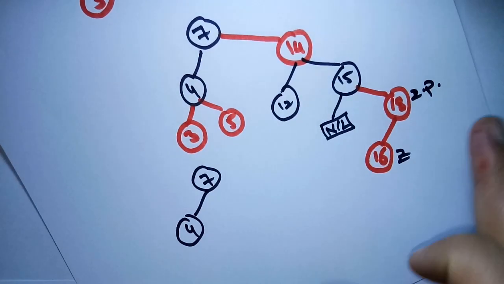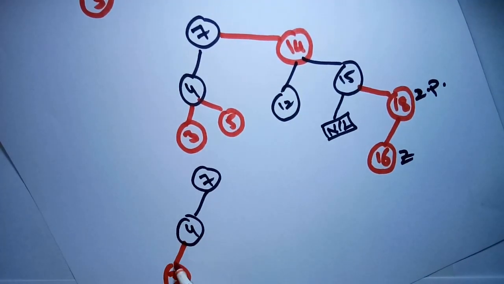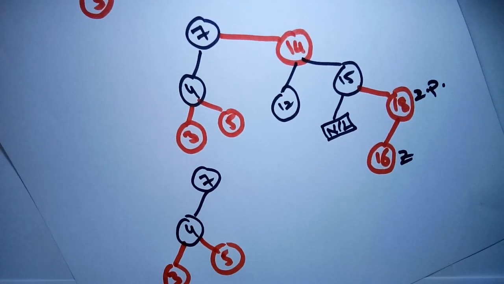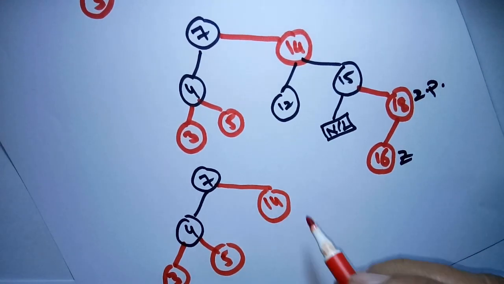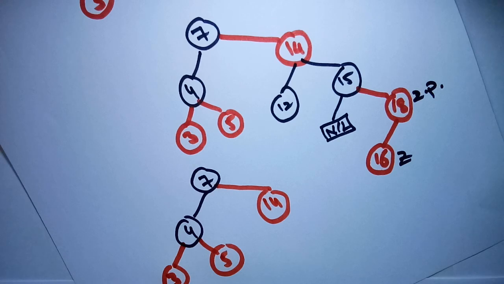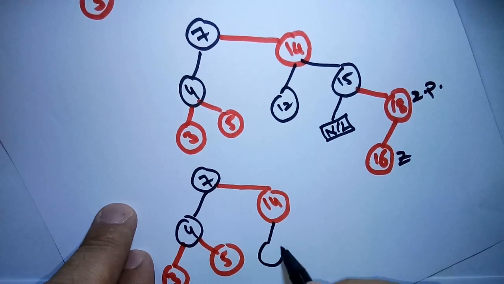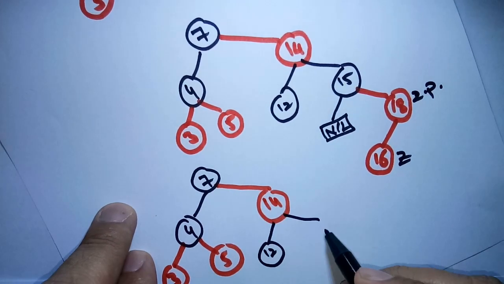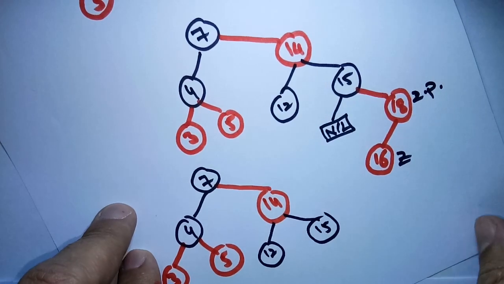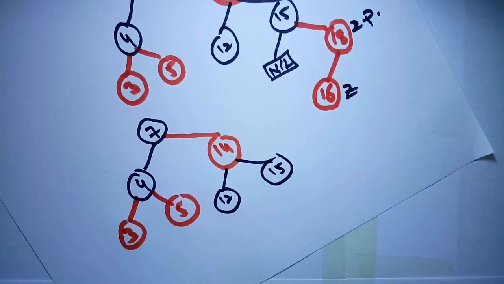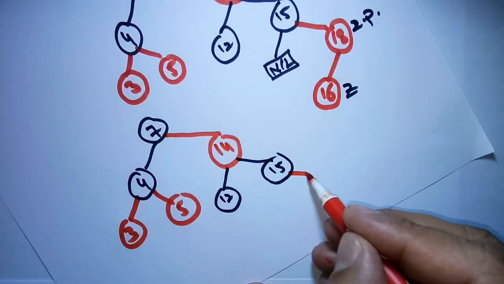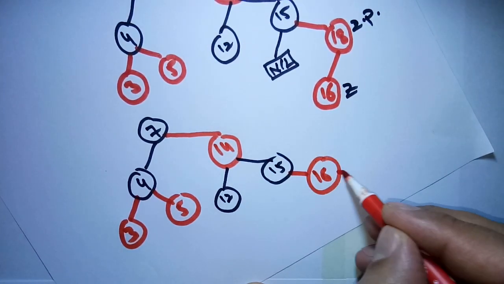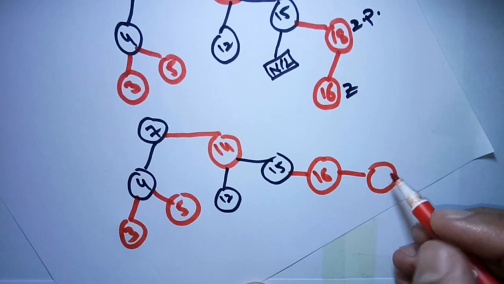Let me draw it quickly. Right, and we need to rotate the parent in the opposite direction. So 16 will come here and this will go in the opposite direction, 18.